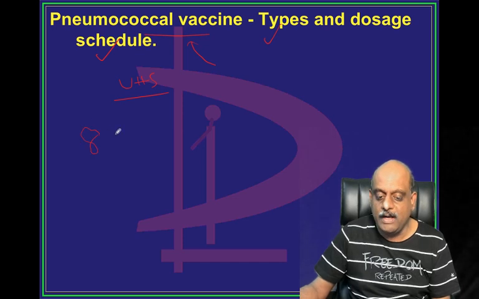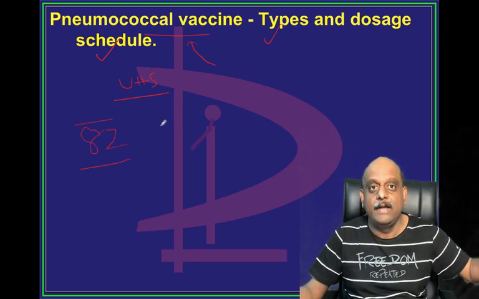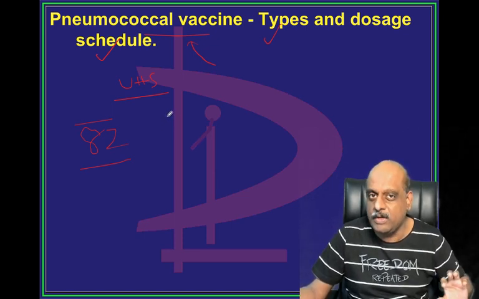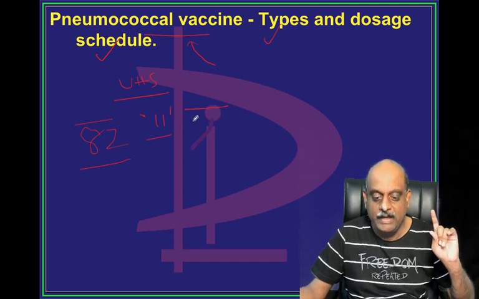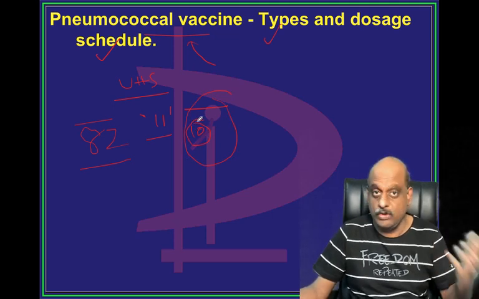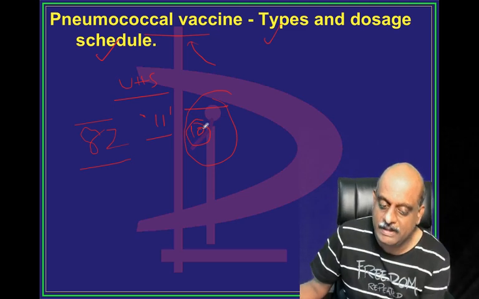So totally there are 82 hot topics in pediatrics. Typically, pediatrics in final MBBS part 2 has 11 questions: one long question and 10 shorts will come, and there is also a short case for the pediatrics case presentation.